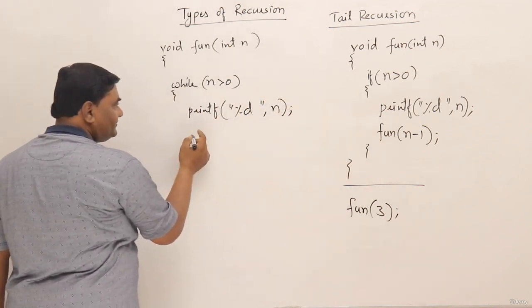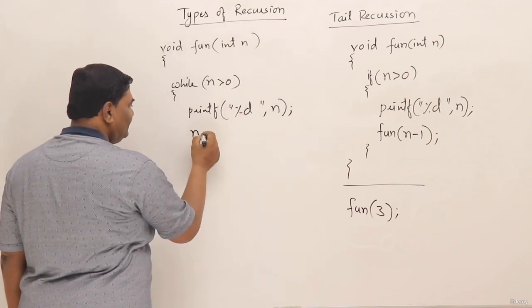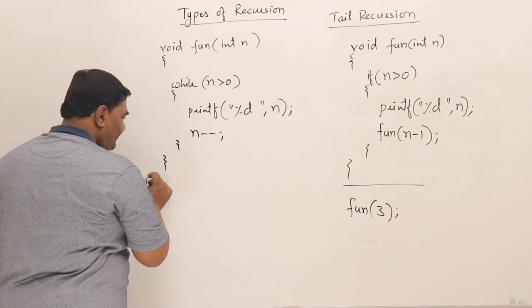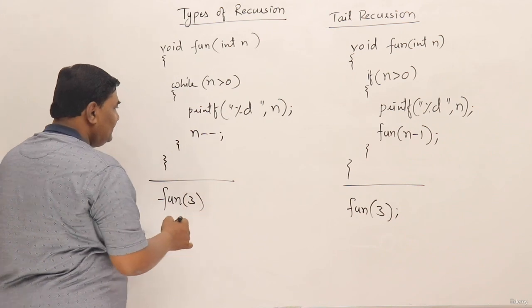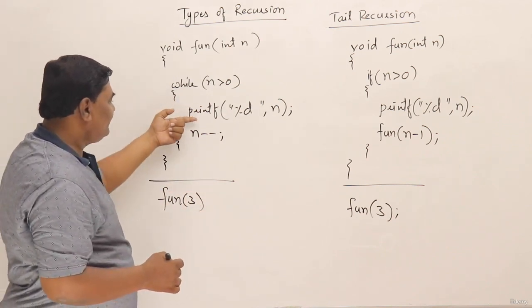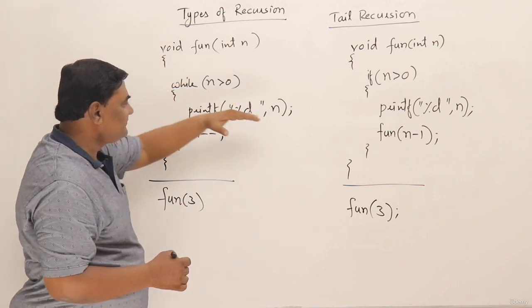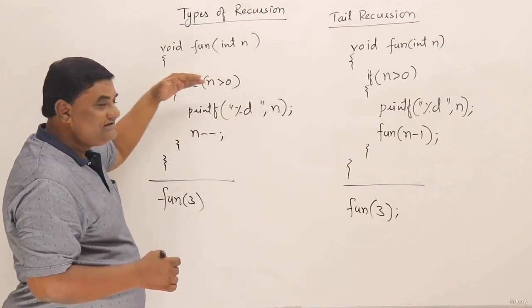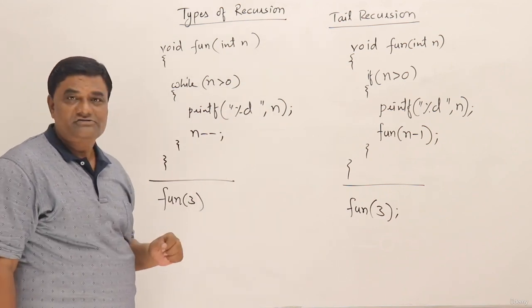Then instead of calling the function again with a reduced value of n, let us do n minus minus. That's it. If I call this function by passing value 3, then 3 will be passed here, it will first print 3, then it will make n 2, and repeat. So print 2, then repeat, print 1, then repeat, it is 0, so it will stop. So this will work the same as that recursion.